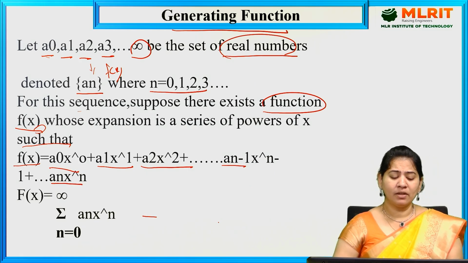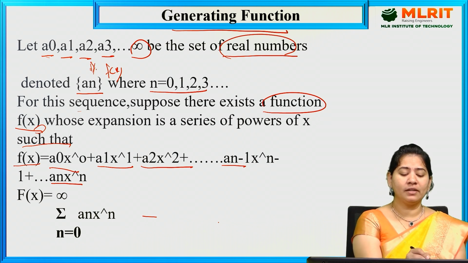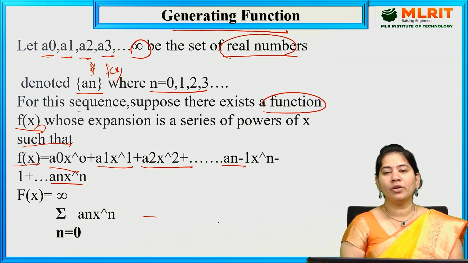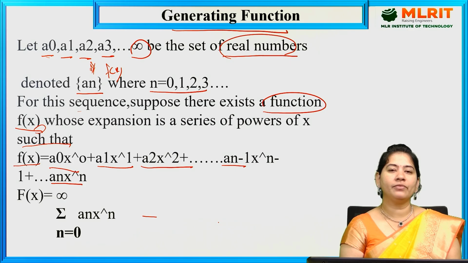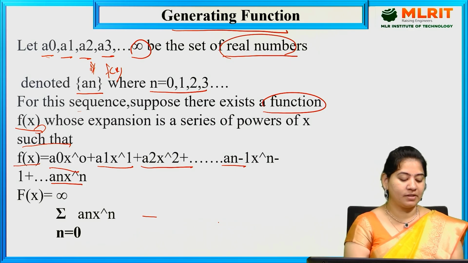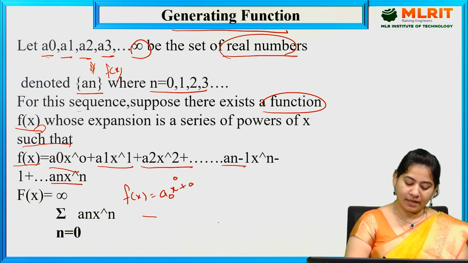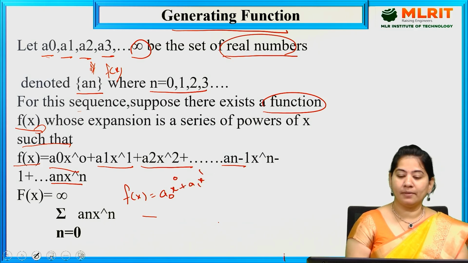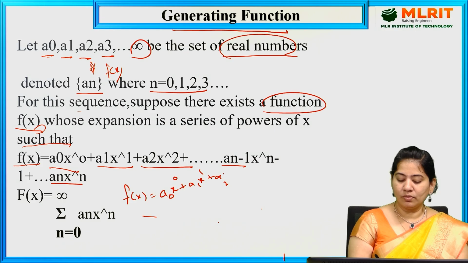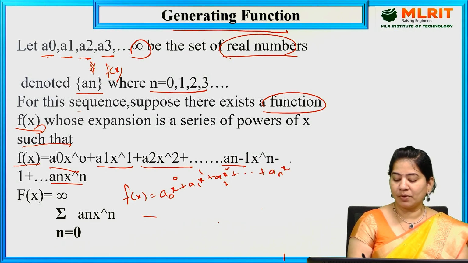For whatever sequence we have, we are going to get one generating function, which is always in the form f of x equals a0 x power 0 plus a1 x power 1 plus a2 x power 2 and so on plus an x power n.